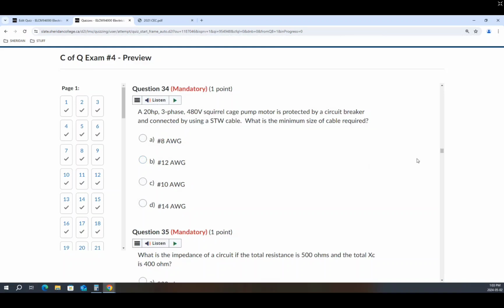Question 34. A 20 horsepower, three-phase, 480 volt squirrel cage pump motor is protected by a circuit breaker and connected using STW cable. What's the minimum size cable required? I'm going to go to table 44 to get my FLA.